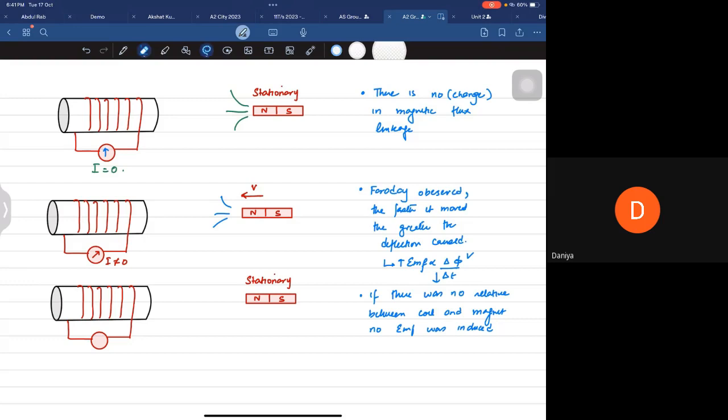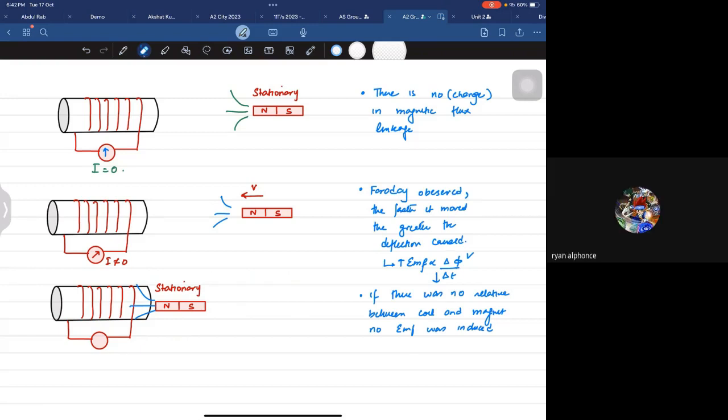But now if I bring this closer and make it stationary, now I have the magnet really close to it, but it's just stationary. Although the flux is the maximum right now because the field goes through the coil completely, because there's no relative motion, it won't have any effect on the EMF because it needs a change in magnetic flux. Do you guys understand this?